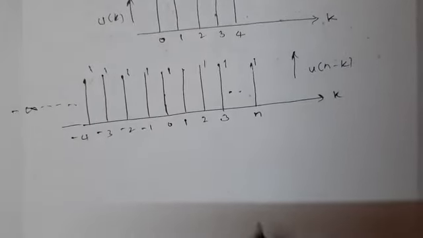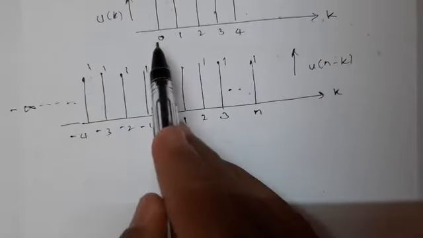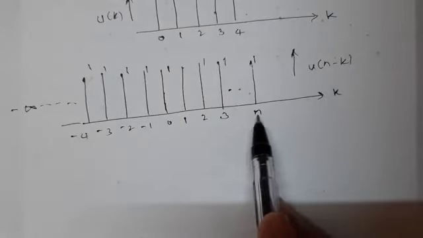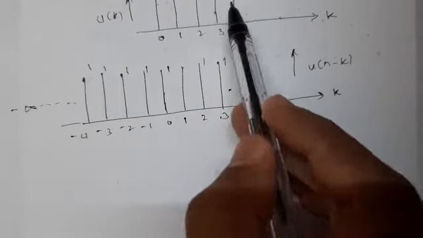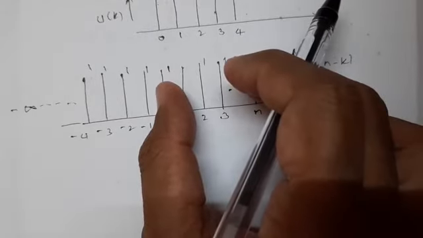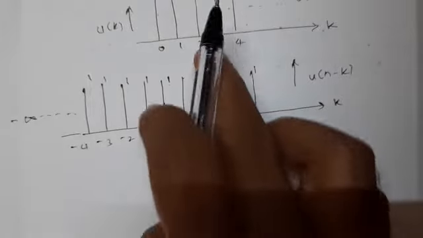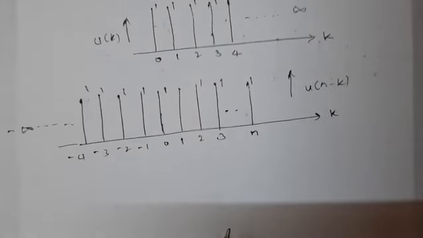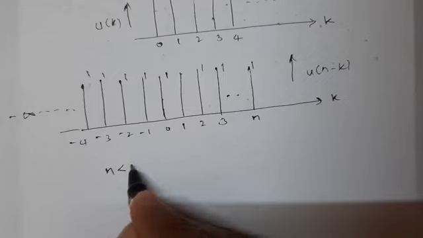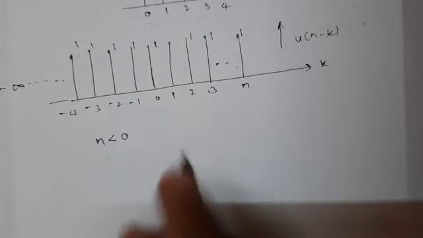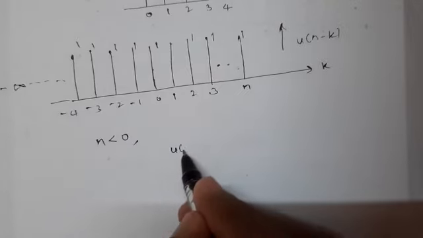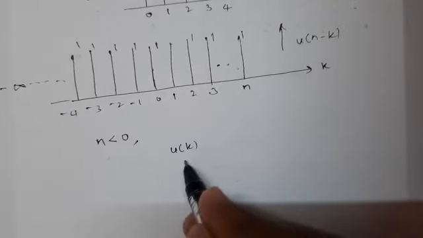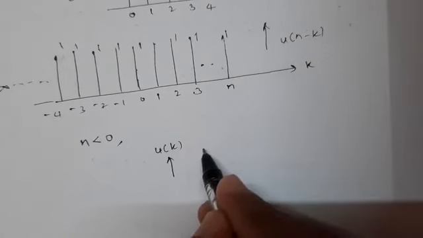Now again you shift n towards the left so that n is less than 0, and you shift n greater than or equal to 0, and try to see that these samples get multiplied with these samples and you have some finite value for y of n. So when n is less than 0, u of k is something like this.